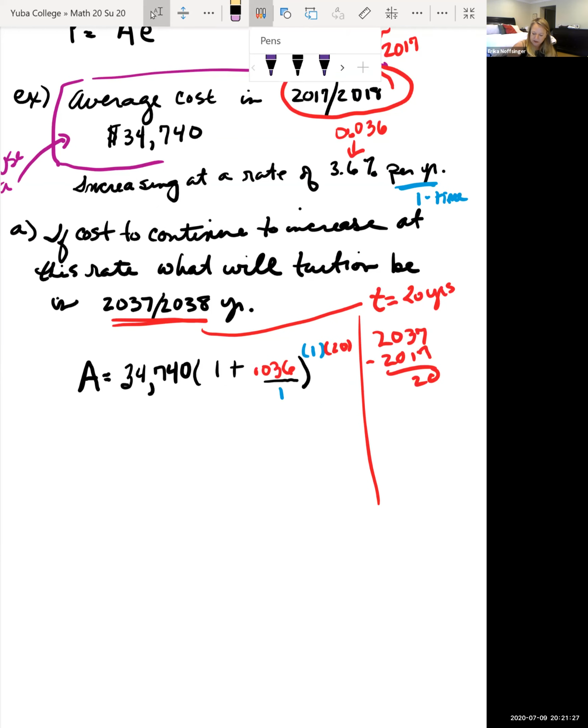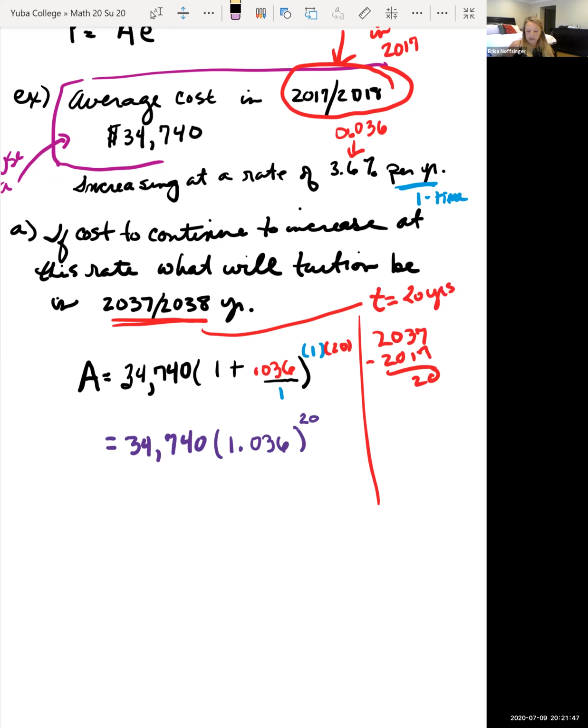Okay, so simplify. We have 34,740 all times 1 plus 0.036, which is 1.036, raised to the 20th power.